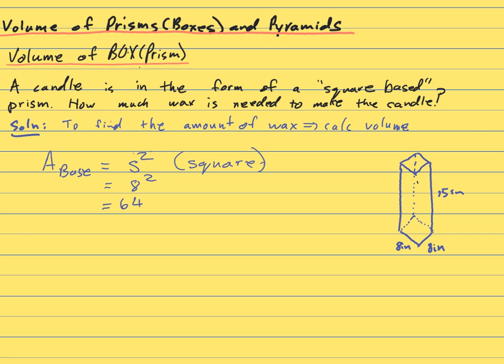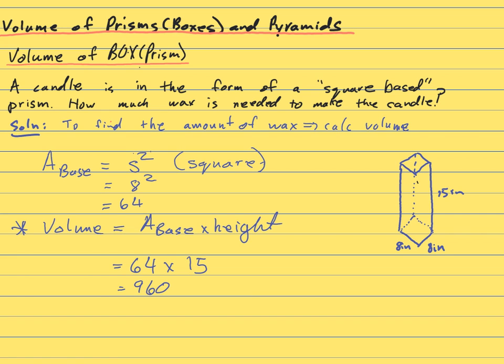So now that I've got my 64, now here's what I need you to know. The volume is going to be the area of the base times the height. So we end up having, well, 64 times 15, which equals 960.